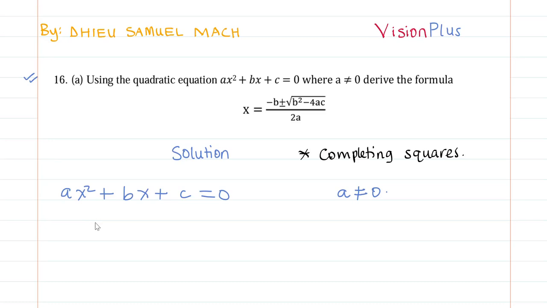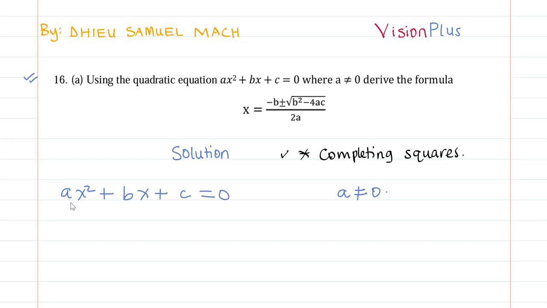When we are deriving the formula, we apply the concept of completing squares. When solving any quadratic equation, the coefficient of x squared must always be 1. But here, the coefficient of x squared is a. So we must make sure that it is 1. How do we do that?